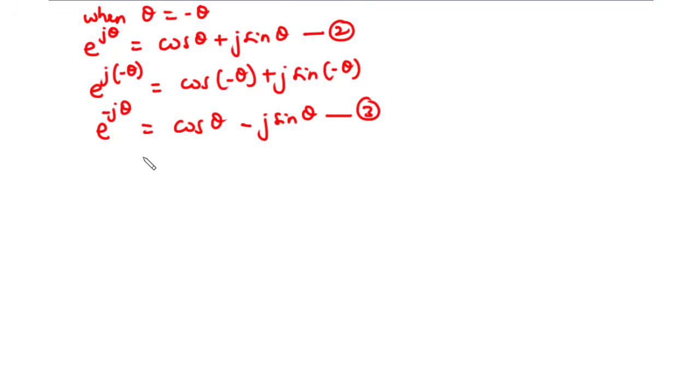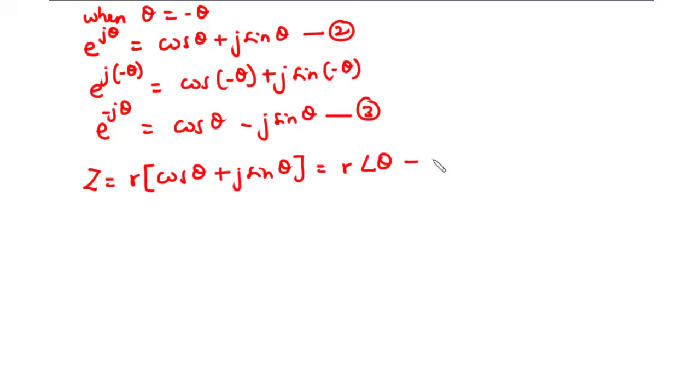So in that case, the polar form of a complex number, that is written as z equals r into brackets cos theta plus j sine theta, which can be simplified as r polar theta.